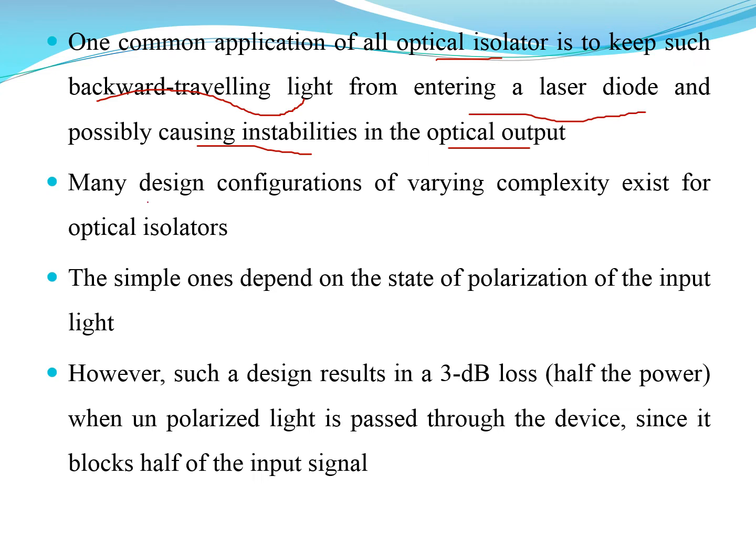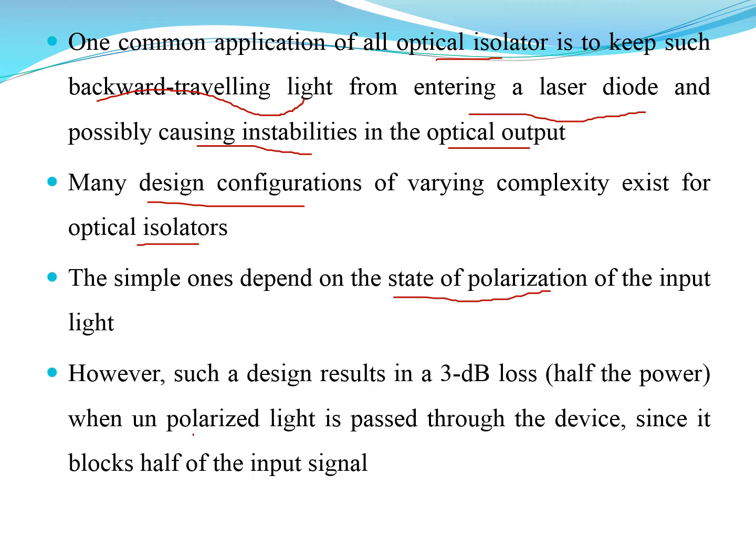Many design configurations are available for optical isolators. We just look into the simple SOP, the state of polarization optical isolator. It has two elements which make up an isolator.